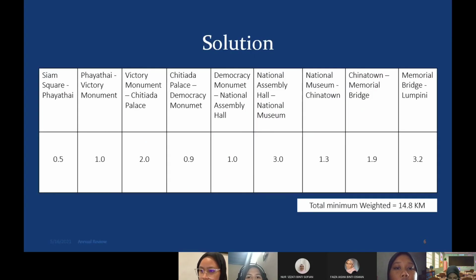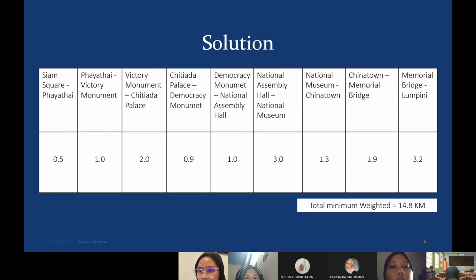So we will now go to the calculation. This is the solution for the total minimum weight for the map. Like I said, we started at Siam Square because it has the shortest edge available, which is 0.5 from Siam Square to Payatai.